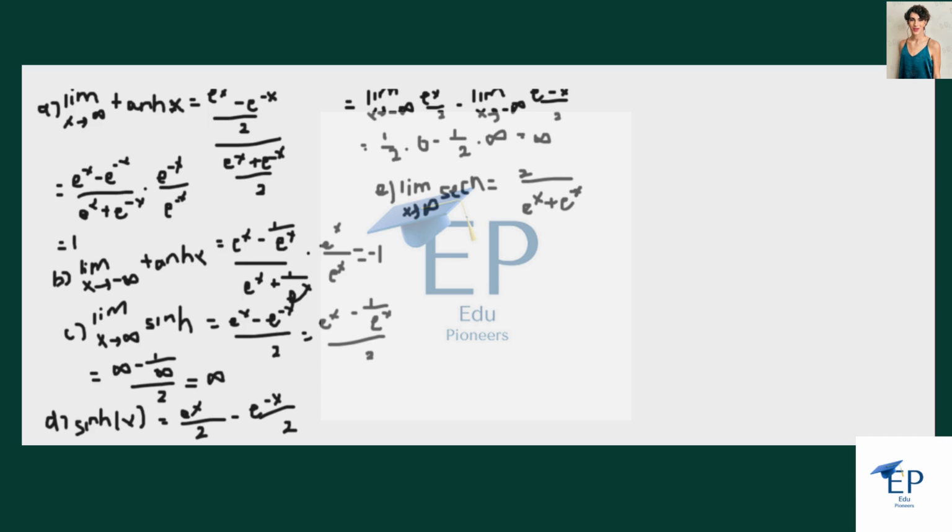And using the limit properties, we get 0. Since it becomes 2 over the limit as x approaches infinity for e to the x plus e to the negative x.